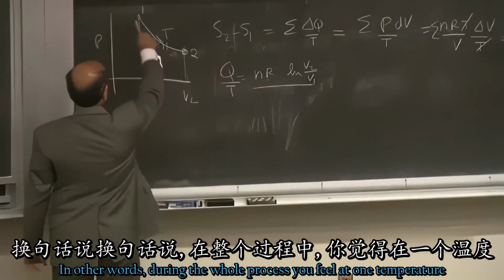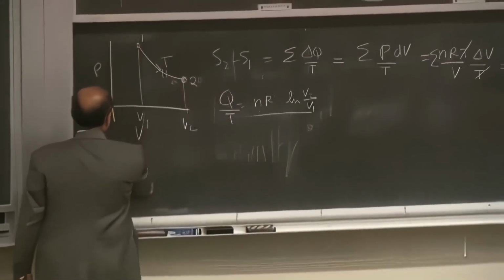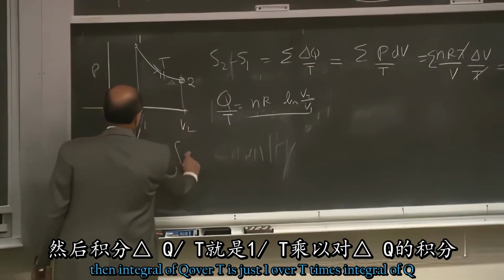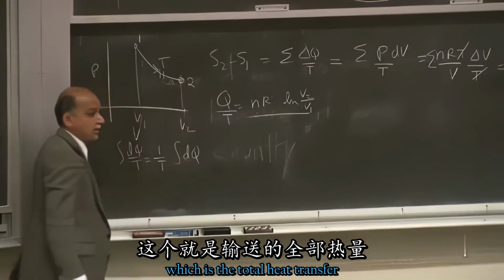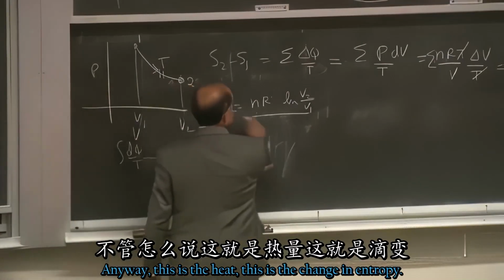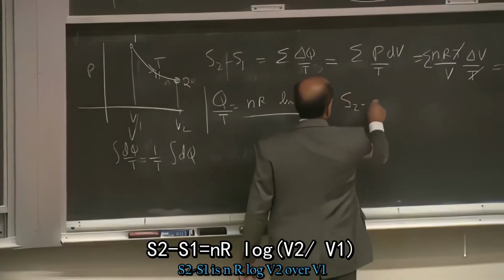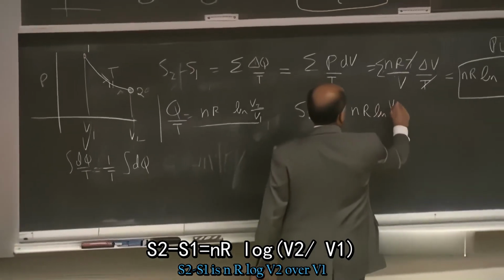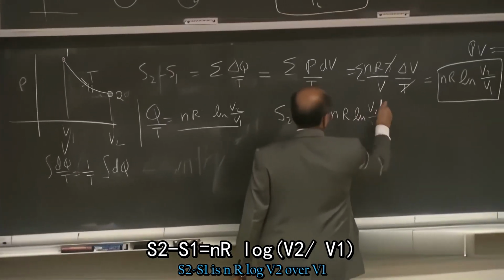In other words, if you're at one temperature, then the integral of delta Q over T is just 1 over T times the integral of delta Q, which is the total heat transfer. Anyway, S2 minus S1 is nR log V2 over V1.